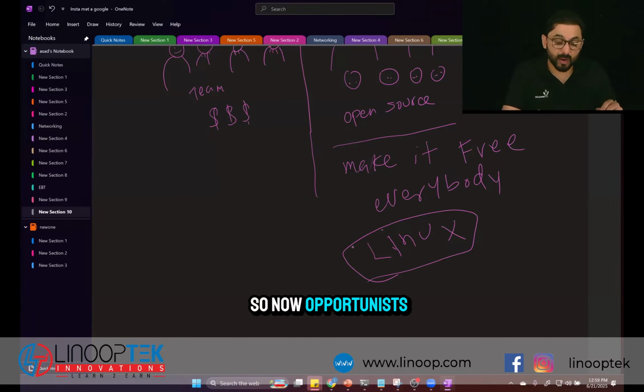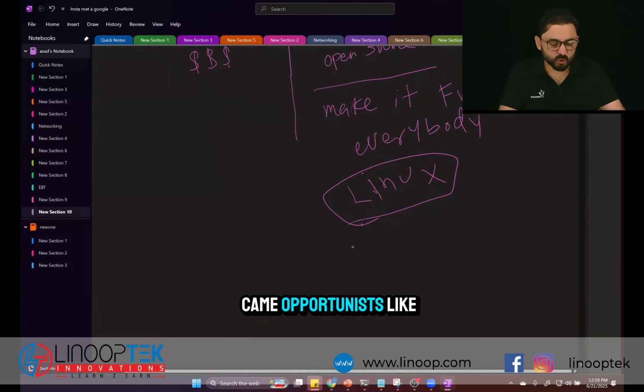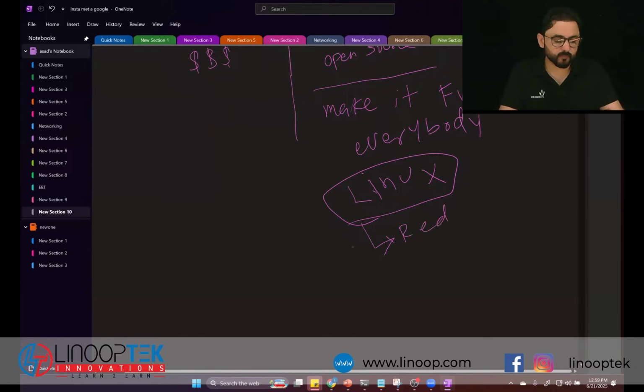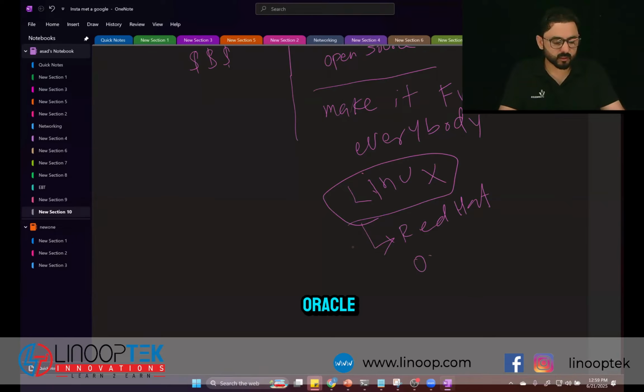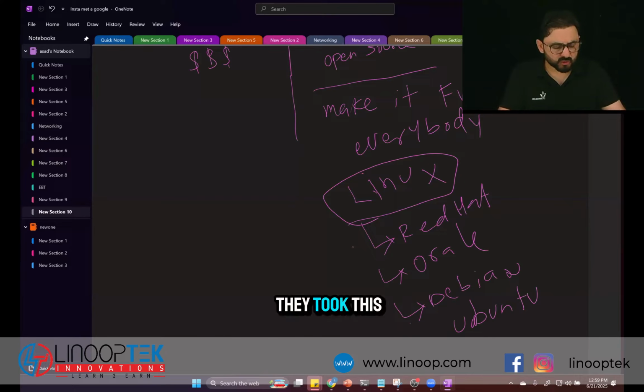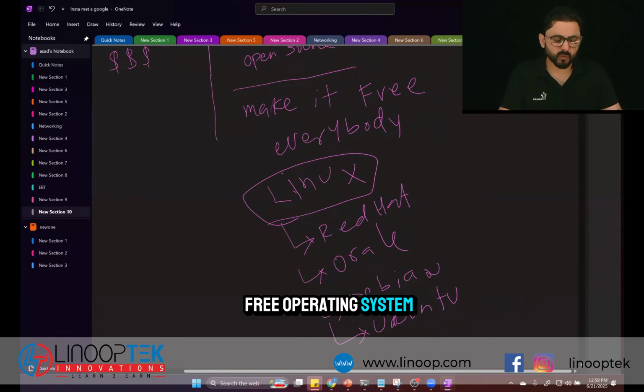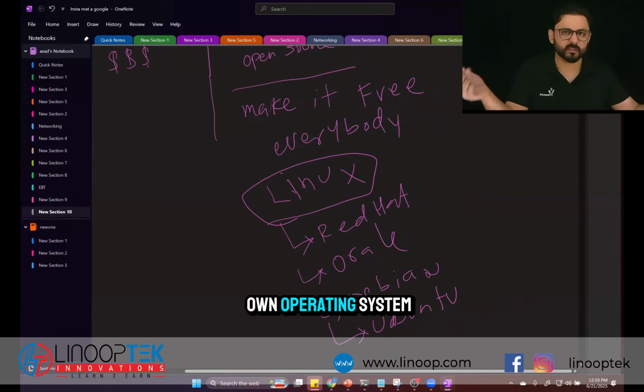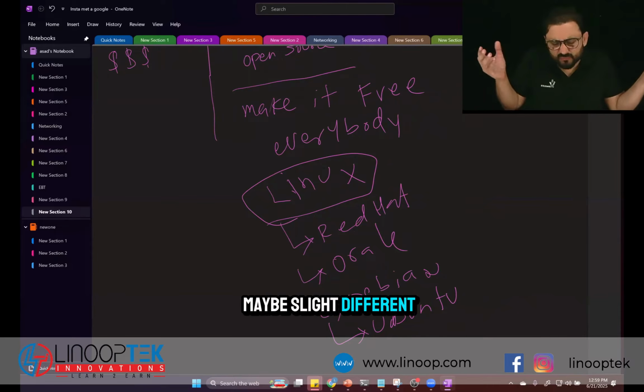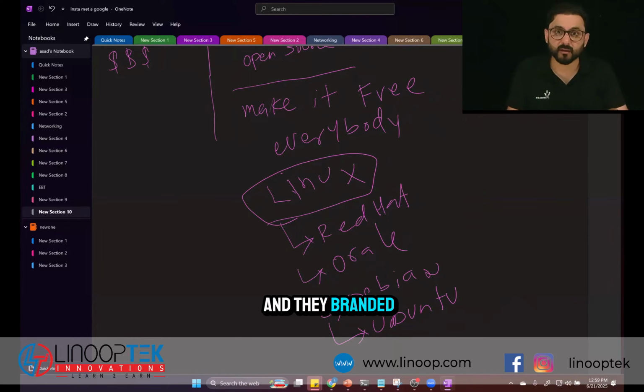So now opportunists came, opportunists like Red Hat, Oracle, Debian, and Ubuntu. They took this free operating system and they created their own operating system, with slight changes here and there, maybe slightly different commands, and they branded it under their own umbrella.